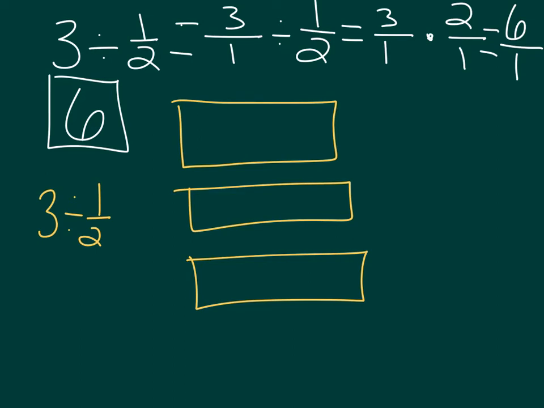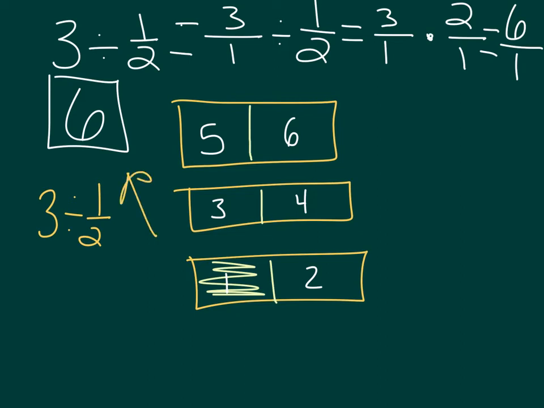So what we're going to do is split up each of these wholes into 2 parts. Okay, so one would represent 1/2. Now all we have to do is count to see how many 1/2s fit into our whole number of 3. Here's 1, 2, 3, 4, 5, and 6. So we can see from our picture as well that 3 divided by 1/2 would be 6.